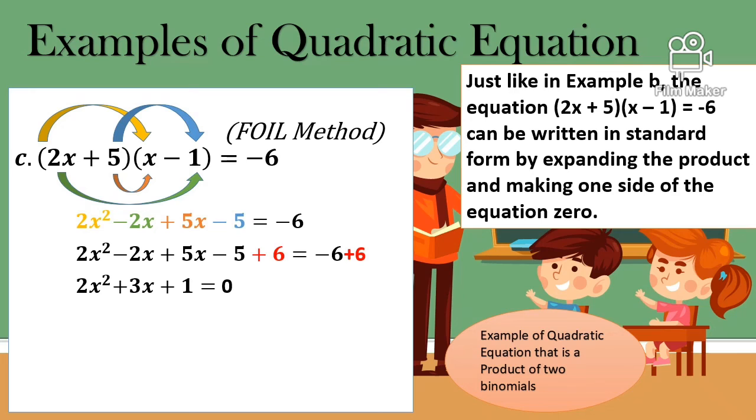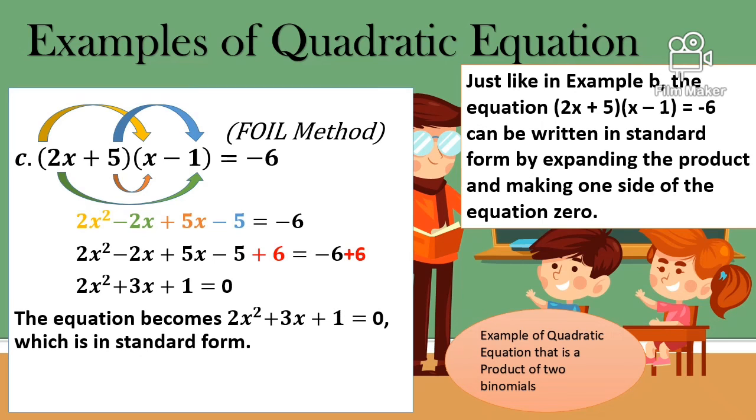We combine the similar terms, which are negative 2x plus 5x, so we got positive 3x. The equation is 2x squared plus 3x plus 1 equals 0, which is in standard form. The values of a, b, and c are: a is equal to 2, b is equal to 3, and c is equal to 1.